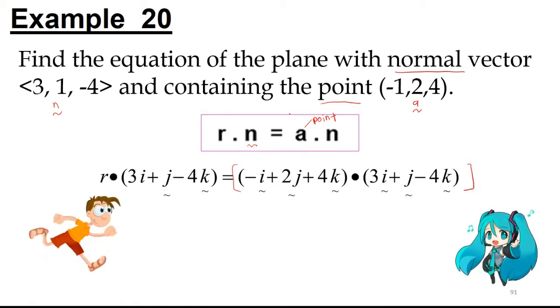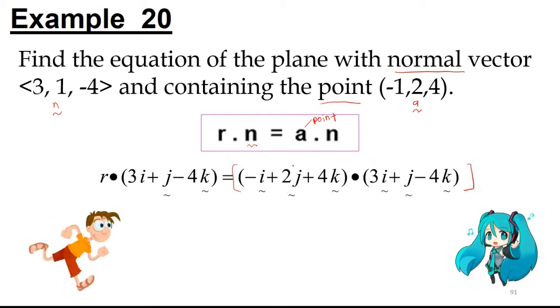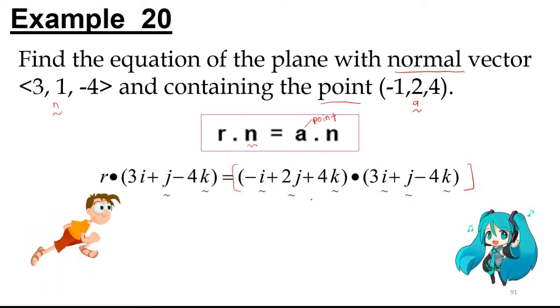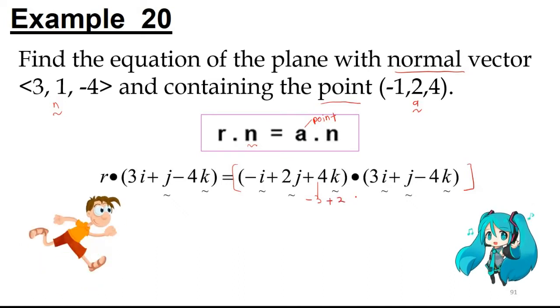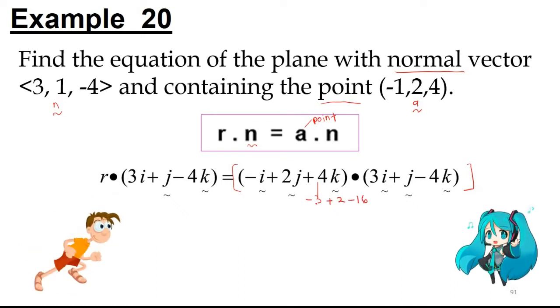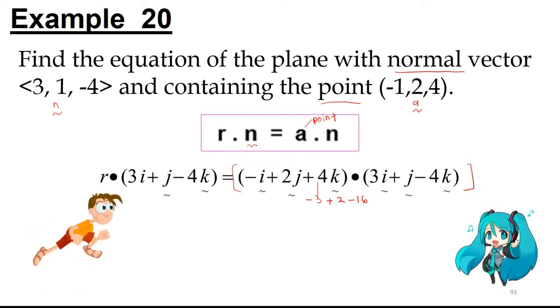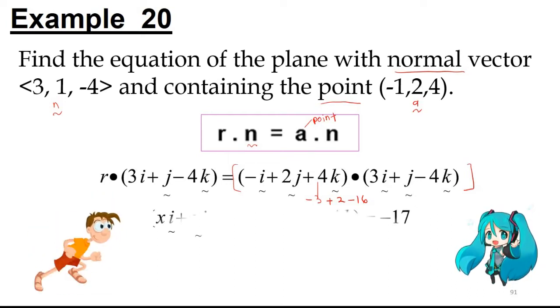So I write it first, negative 3 and then plus 2 minus 16. So we got negative 3 plus 2 is negative 1, negative 17 for the right hand side.